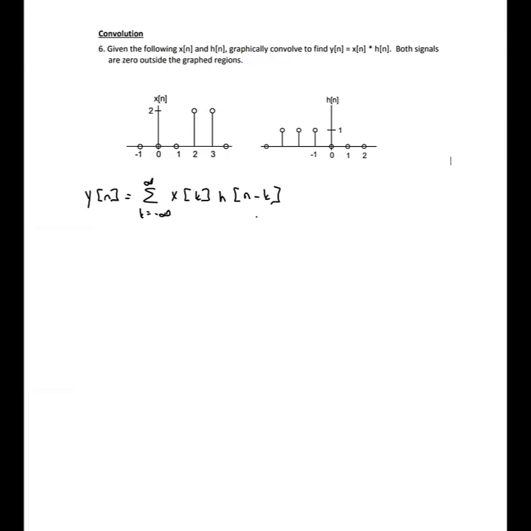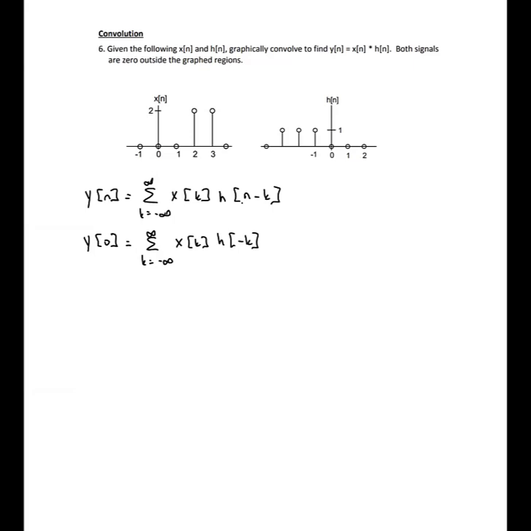So let's calculate it, let's find out what y of 0 is. That's going to be the sum from k equals minus infinity to infinity of x of k, h of minus k, so we're putting in 0 for n.